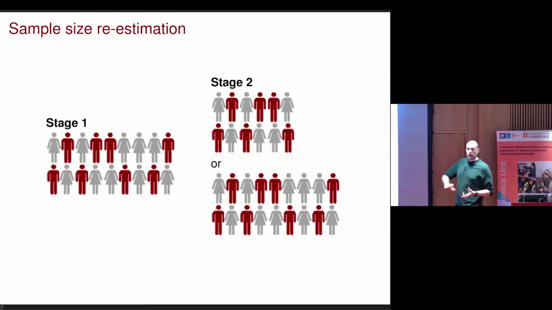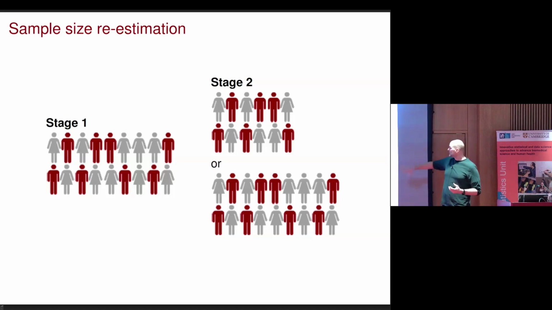And if it is, great, then I'll continue with my original plan, illustrated here at the top. I'm just going to continue to recruit my 12 patients here in my example. But if one of my planning assumptions was incorrect, I'm going to change my sample size.